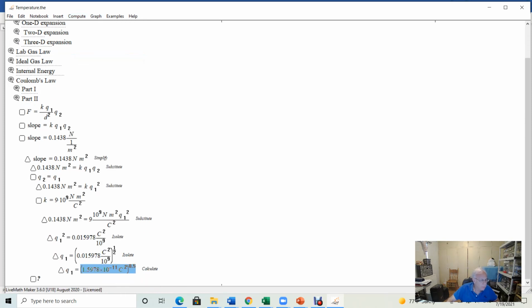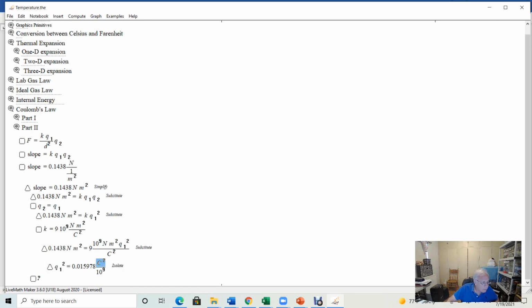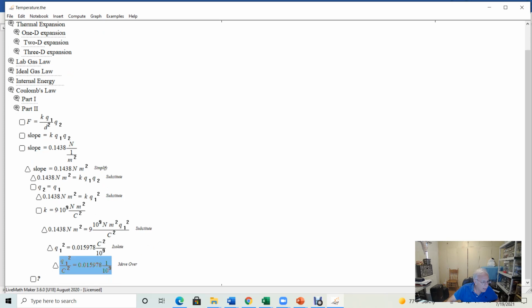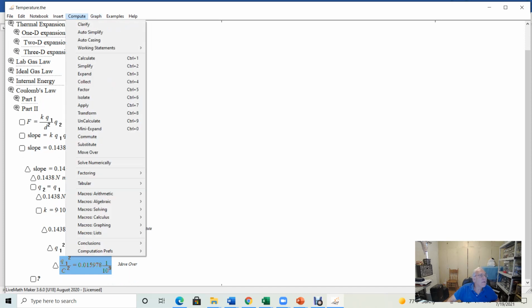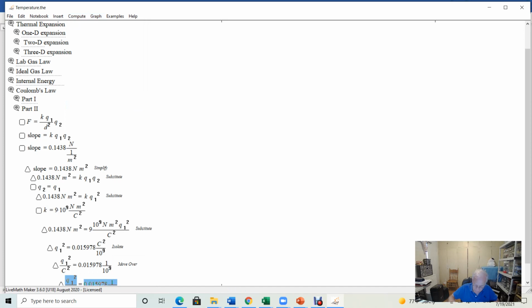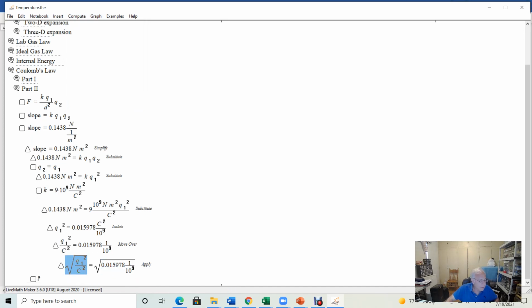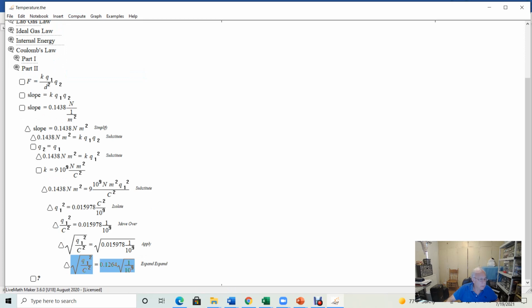Let's see, it doesn't calculate this way. Let's see if we can do better than that. We gotta pass this Coulomb to the other side. It's really annoying that it does that. It didn't used to do something like that. I need to apply the square root to those, and now we should get the right result. Expand.